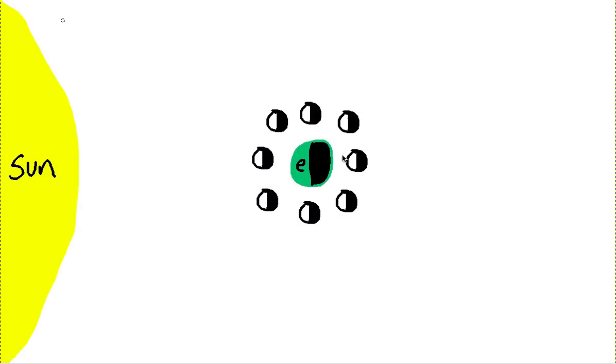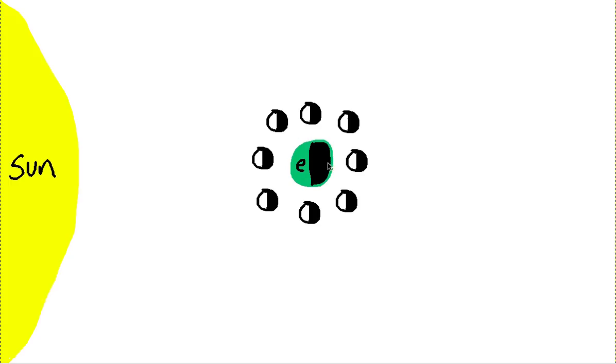In order to know how the phases of the moon work, they're not just due to where the moon is at and how much of it is lit up by the sun, but also due to the perspective of the observer here on Earth.